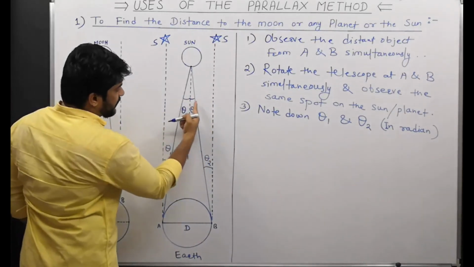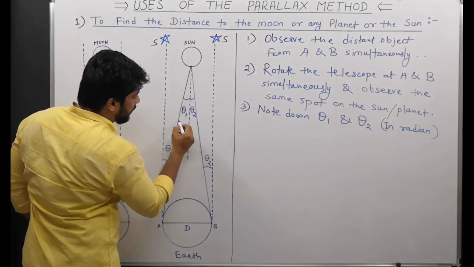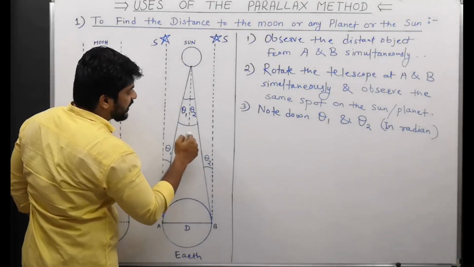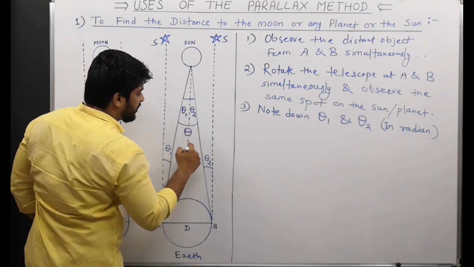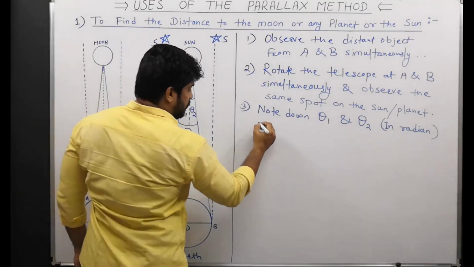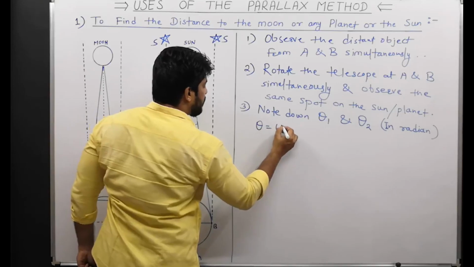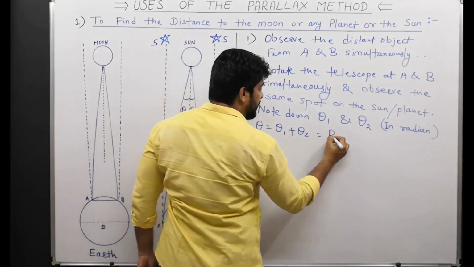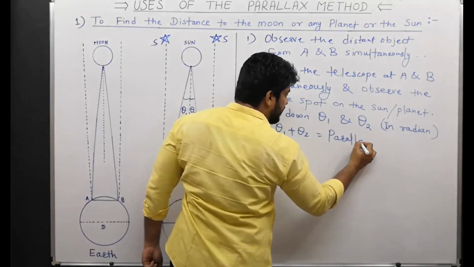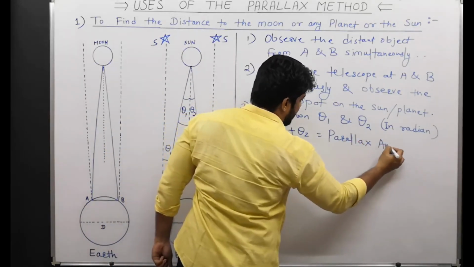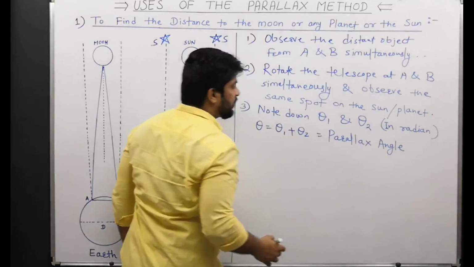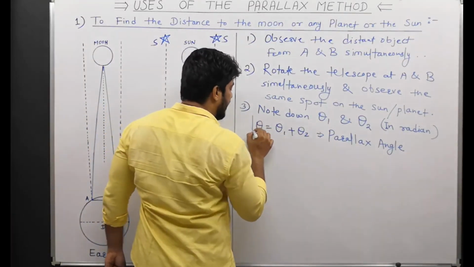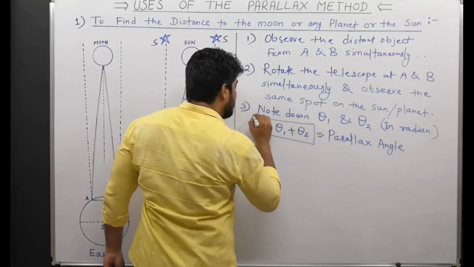So the total angle over here is theta1 plus theta2. Let's call this angle theta. So theta is going to be equal to theta1 plus theta2. And what is this theta? As I just told you, it's the parallax angle. So we have got the parallax angle that we needed.